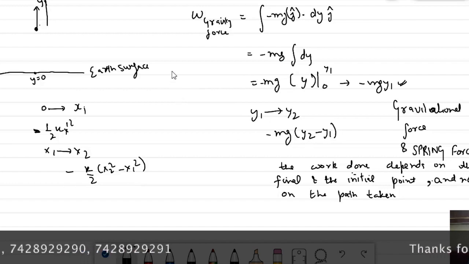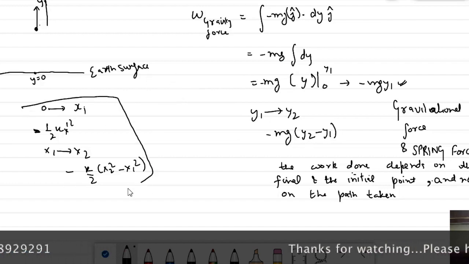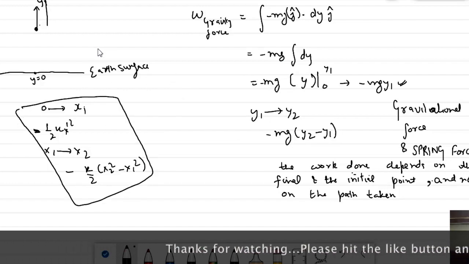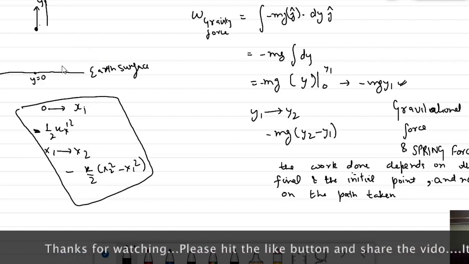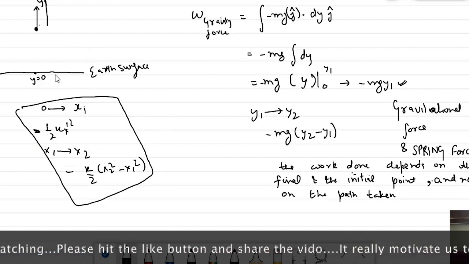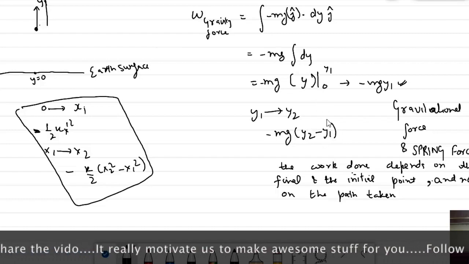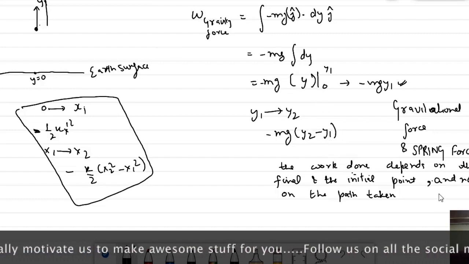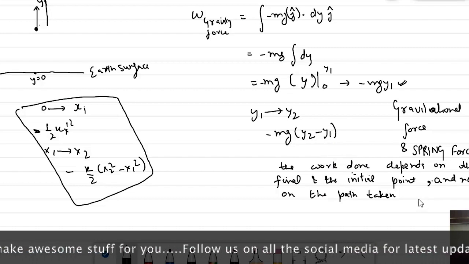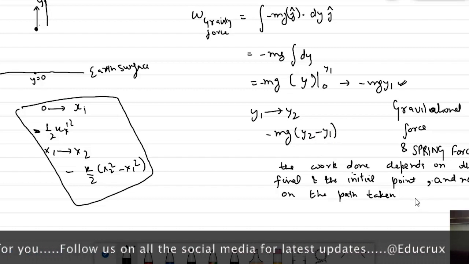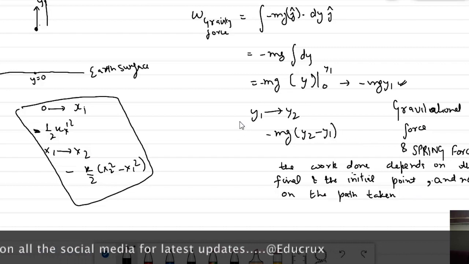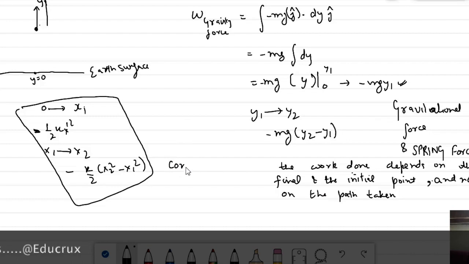Similarly, in gravitation, that is, if a ball is thrown upward under the effect of the gravitational force, my work done also depends on the final and the initial point. It doesn't depend on the path taken. So take this in mind, and we will then talk about conservative forces.